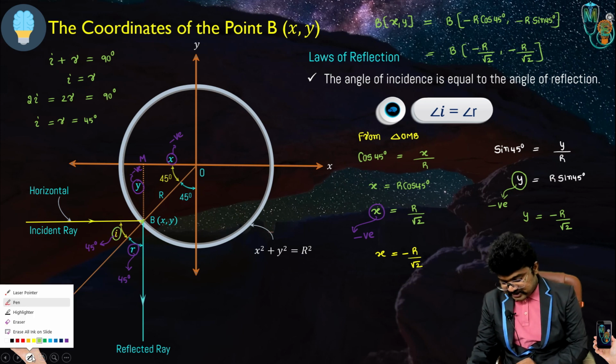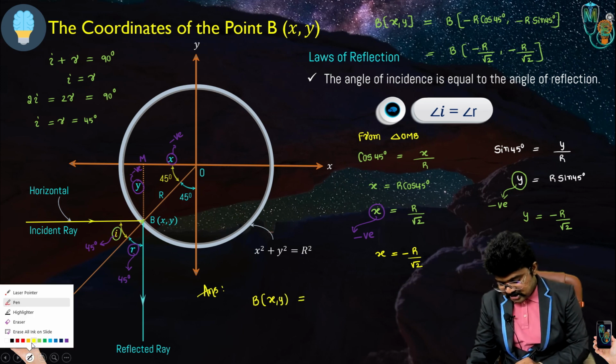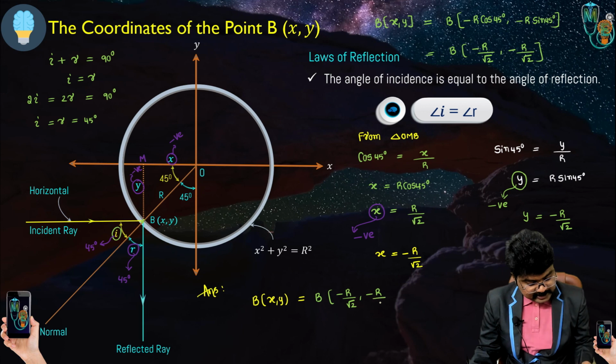So what is the final answer to this question? B x comma y equals minus r by root 2 comma minus r by root 2.